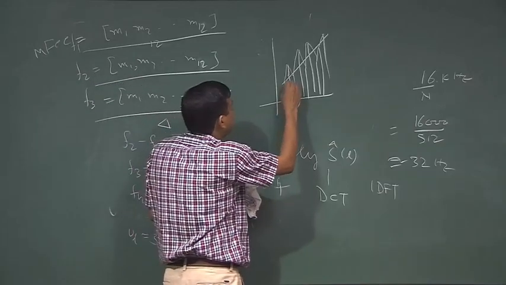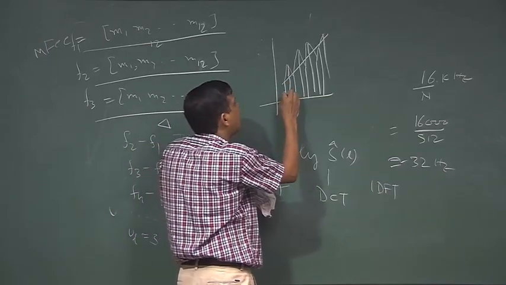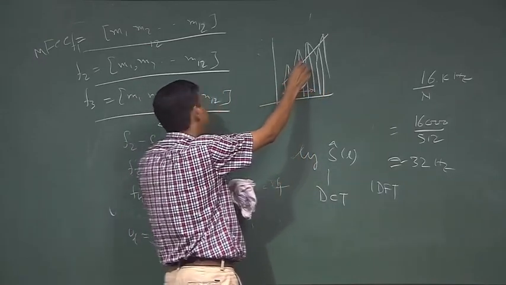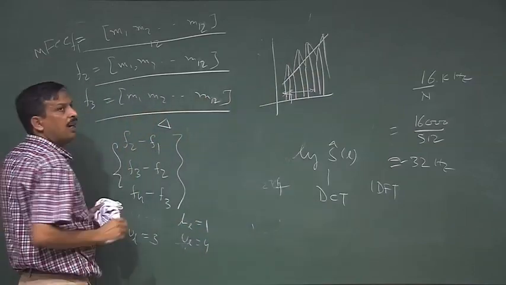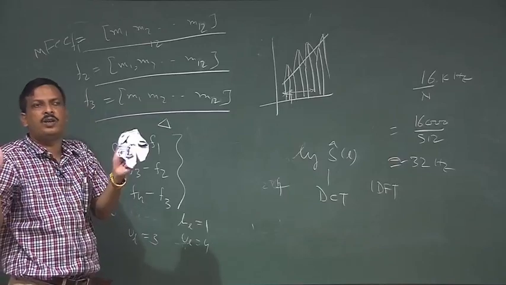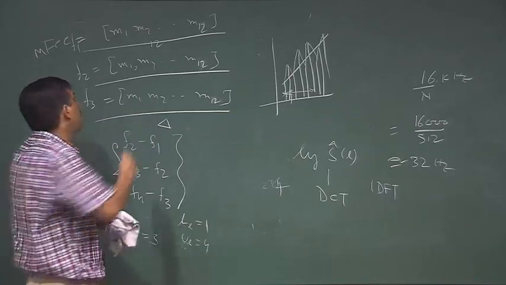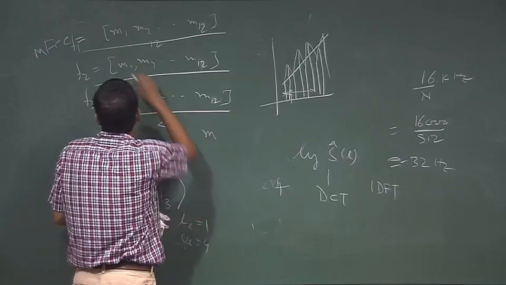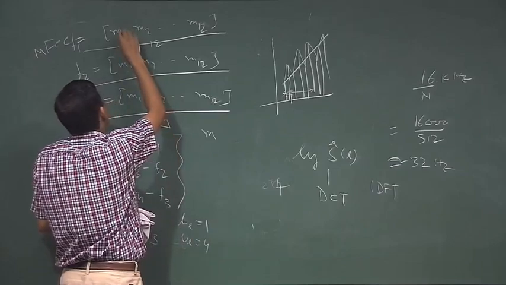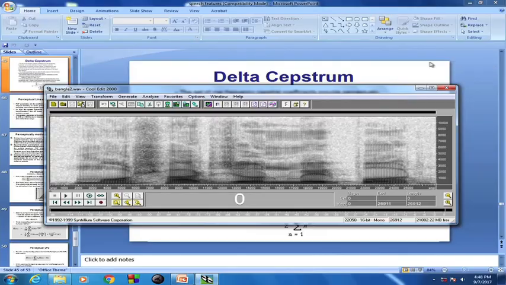Instead of taking just the difference between two consecutive samples, I can take the average difference over a few samples, which can smooth it. So, I will calculate the delta coefficient or the double delta coefficient across a few frames instead of a single frame. Suppose for the first one, instead of taking M1 of frame 2 minus M1 of frame 1, I take a few frames of M1 and find the delta coefficient. So, this is the equation.